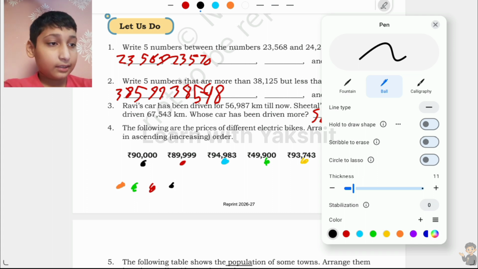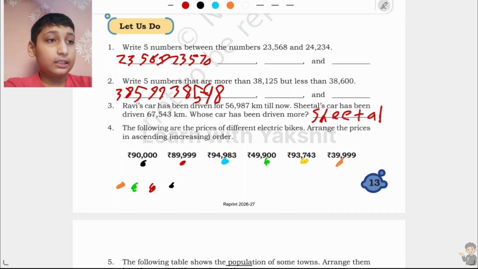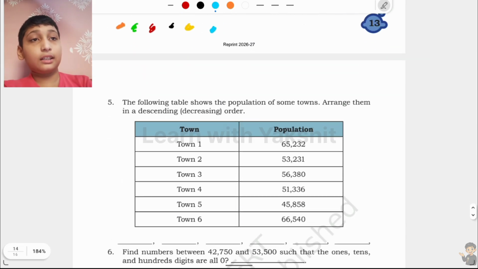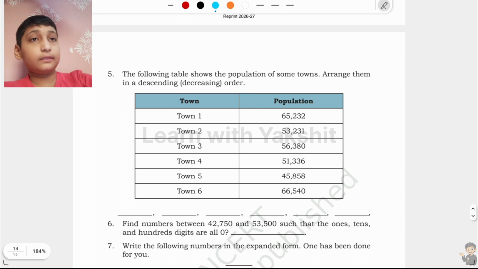Then the next one is yellow, at 34,000 to be exact, and lastly blue. Now let's go to the next one.